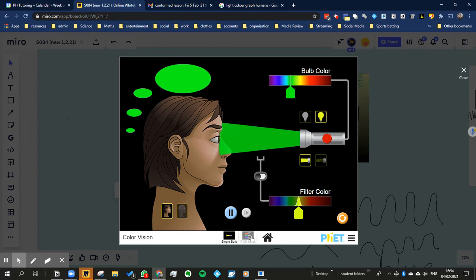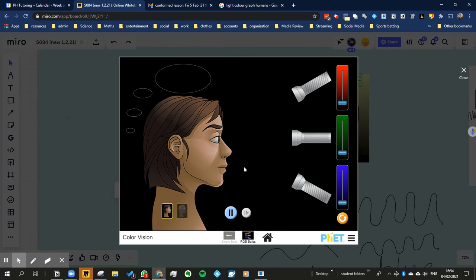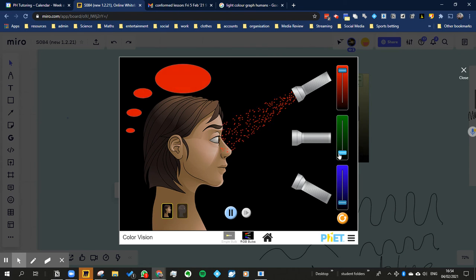Now, if we come out and instead of using the different actual colors, we mix them together: if I shine red light, it sees red, but if I shine red and green, they see yellow. There's no yellow light going into his eyes, but if there were, he or she would have exactly the same experience.